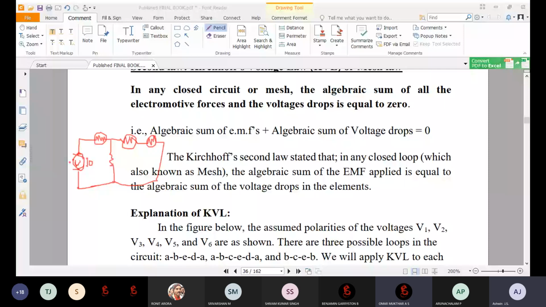Swapnil Moore is not available, sir. Rafil is inside. It's showing like available. Yeah, he is available inside.